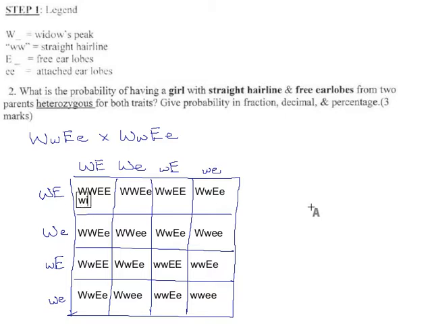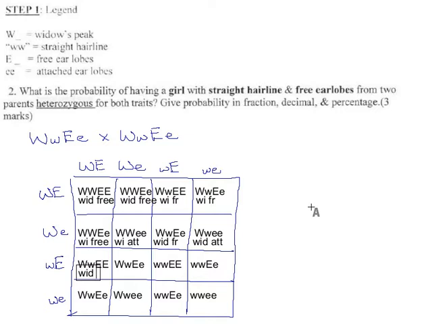Big W means widow's peak, and big E means free earlobes. Widow's free, and widow's free. Here we get widow's free, no, sorry, little e is attached. Widow's free and widow's attached.